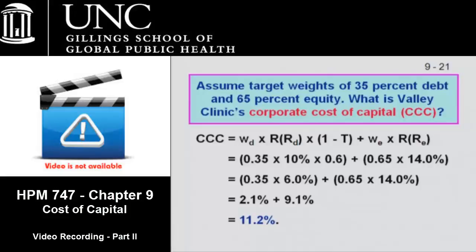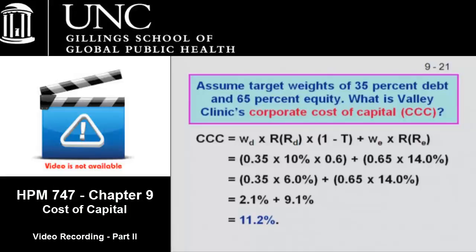So how we now calculate the corporate cost of capital is to take the weights, and we're going to weight the different kinds of capital, the equity by the proportion of equity and the debt by the proportion of debt, to come up with a blended weight. So in this example, the 35% is the proportion of debt.